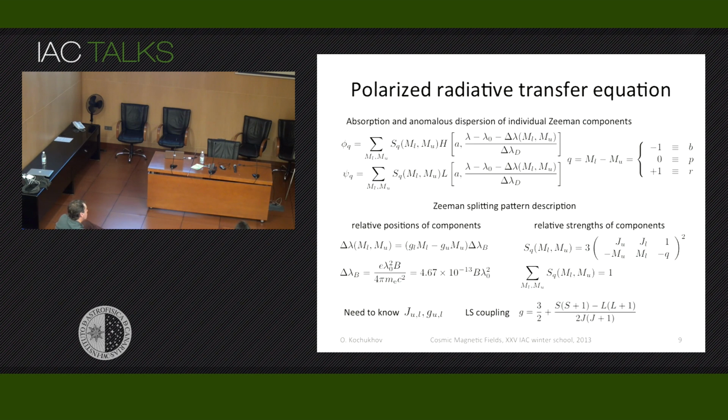This works usually for lines of light elements, like maybe up to iron. But for heavy elements, this formula is usually not applicable, simply because the energy terms in the Hamiltonian do not correspond to the LS coupling approximation.